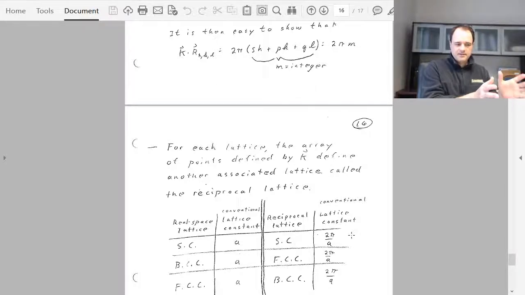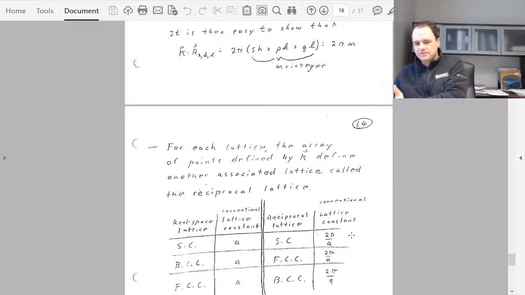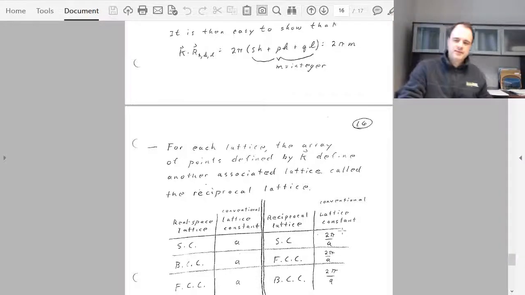And then you'll know that the simple cubic real space lattice has a simple cubic reciprocal space lattice, but the lattice constant is 2 pi over A.